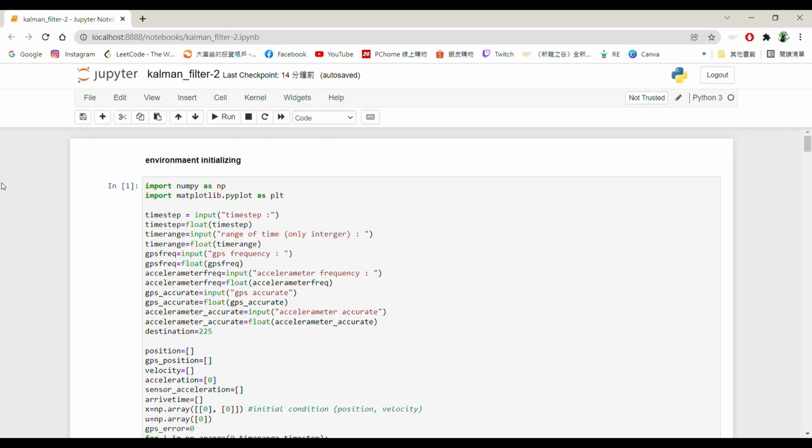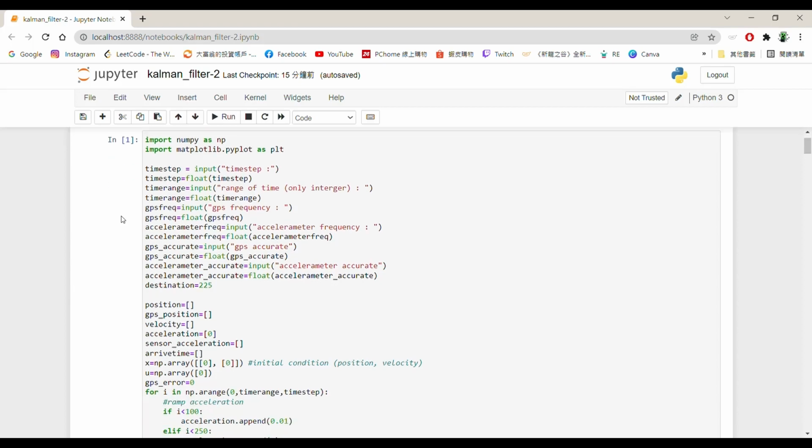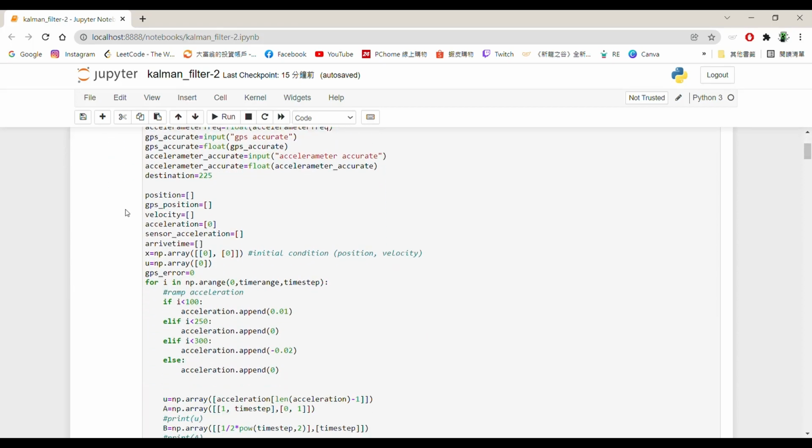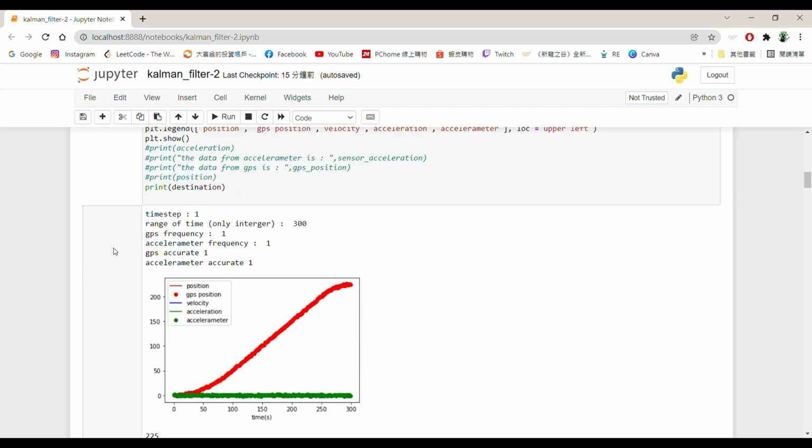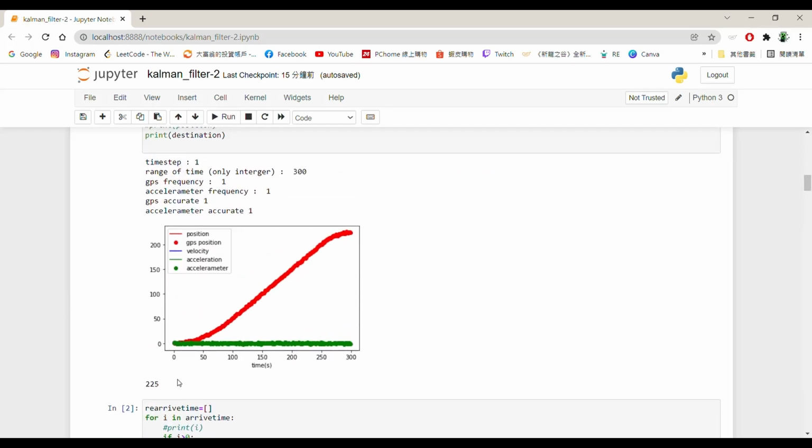Hi everyone, now I'm going to talk about the Python simulation part. We first set up the environment. We can see that in this Python code. And we set the distance to be 235 meters.